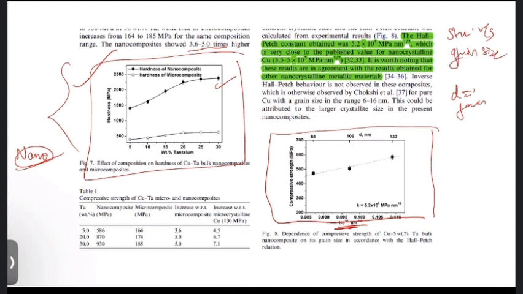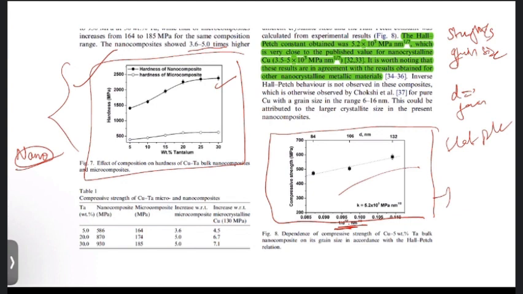If crystallite size decreases, compressive strength will increase. Yes. So what is that plot? Hall-Petch. Yeah, Hall-Petch. It is happening, right? Yes, ma'am. So that is the Hall-Petch effect, and the inverse Hall-Petch effect.